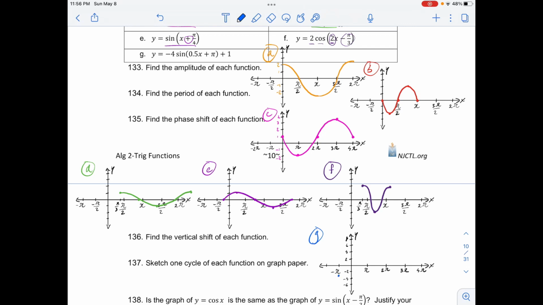At x equals 0, we get a value of 1. For x equals pi, we get a value of 5, and then 2 pi is back to 1. 3 pi is back to negative 3. So when we combine this now, we get a function that looks something like this over its one cycle.